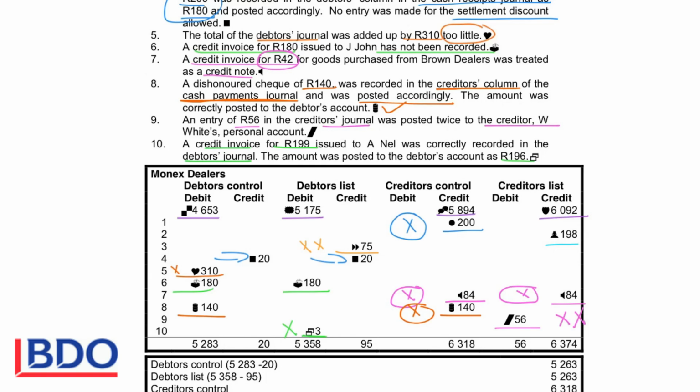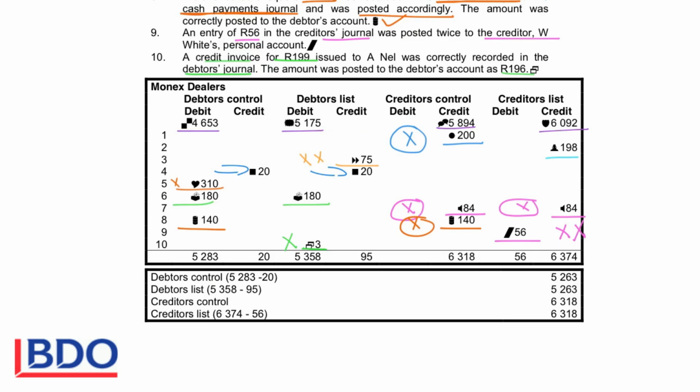Then I will go and add up all these totals in the debtor's control, debit side, credit side, debtor's list, debit, credit, creditor's control, credit, creditor's list, debit, credit. And if I compare this with each other, the totals must give me the same balances. So in the debtor's control on the debit side, there's 5283 and on the credit side 20. So if I subtract it from each other, I get a balance of 5263.